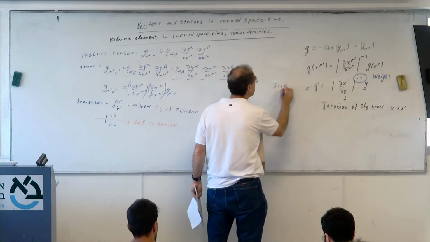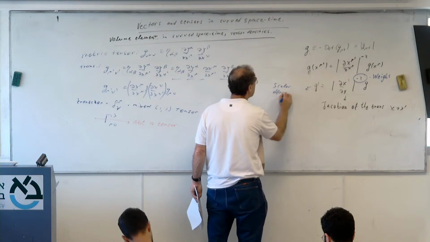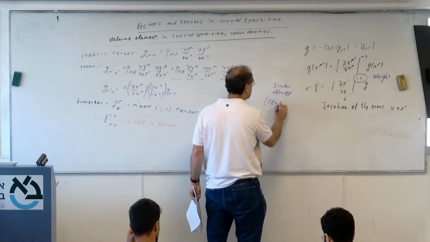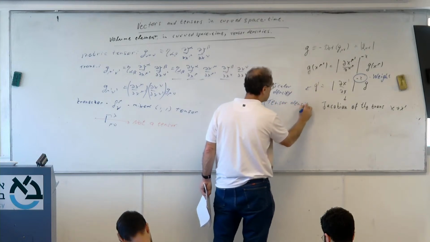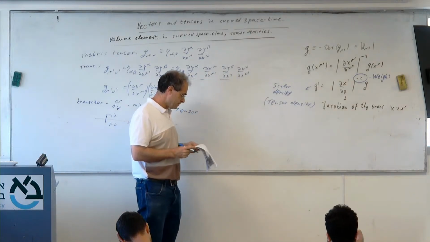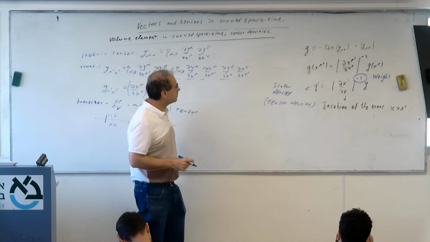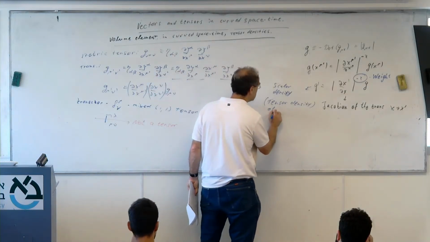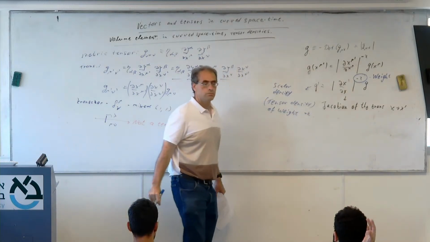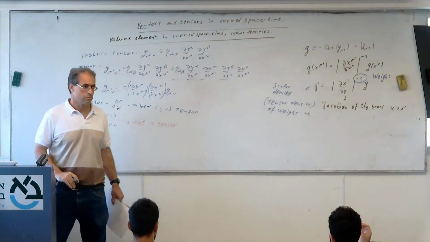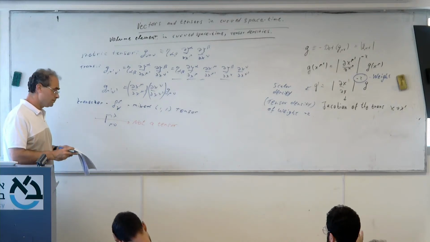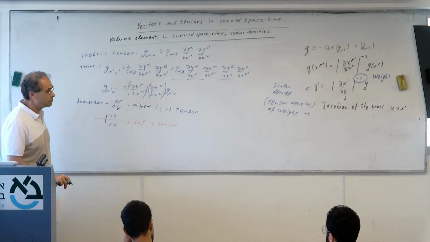It's a scalar density, which is of course a special case of a tensor density. And we say it is of weight minus 2. That's a technical name for it. This is not the power. This is the power. Power is called the weight.